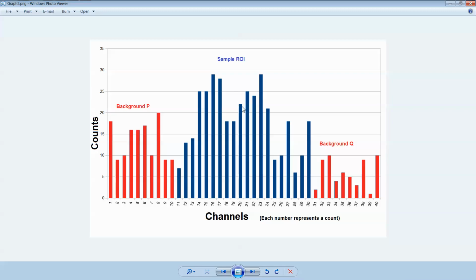That's similar to how the software does it, by the way. Looking back, I take the mean of each of these two backgrounds. Here's the mean of P, and I did this manually. I'll show you the actual mathematical equivalent in a minute. I took the mean of Q, and they may not actually be equivalent.